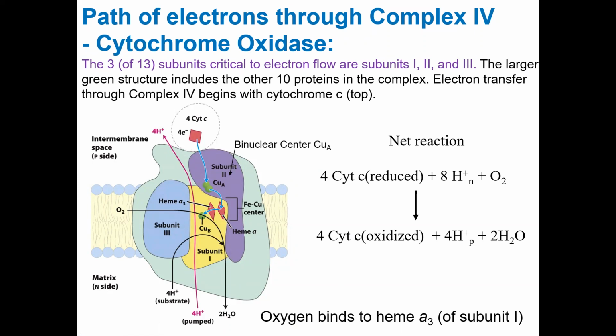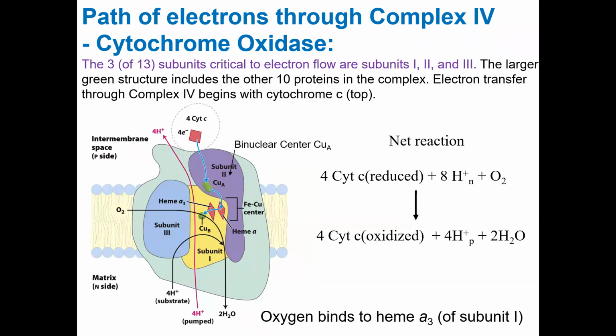So 2 molecules of reduced cytochrome C will go and bind, and transfer their electrons to this binuclear copper A center. You can see here they're showing you copper A in green. That's the binuclear center copper A in subunit 2.